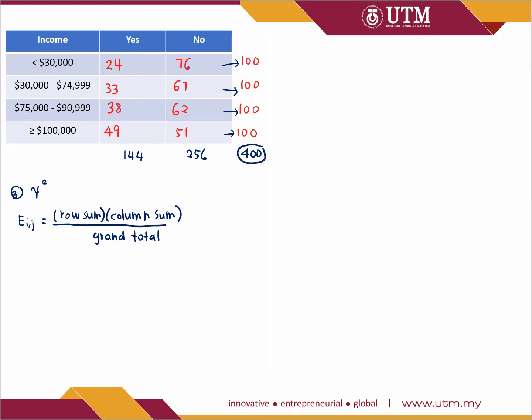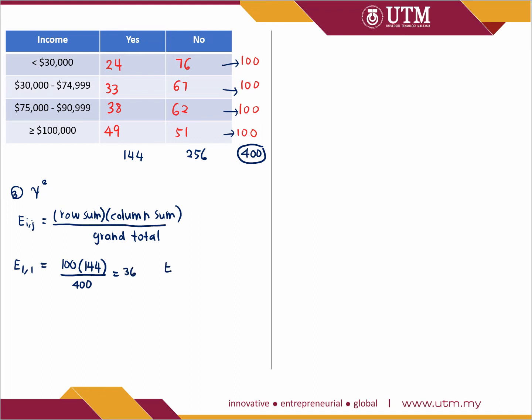Now to find E11, first row, first column: the first row sum, which is 100, times the column sum, which is 144, divided by the grand total, which is 400, equals 36.